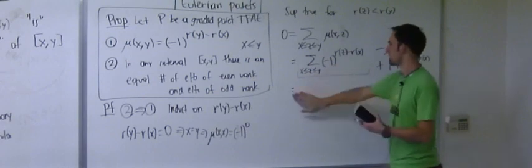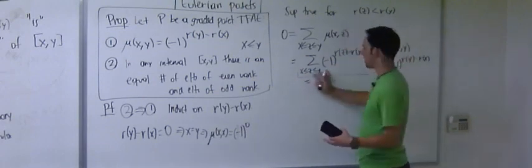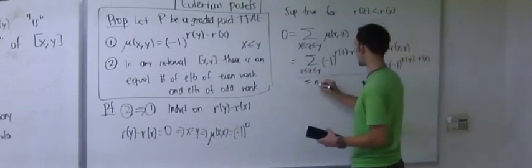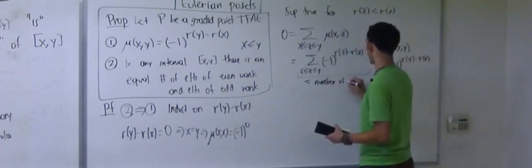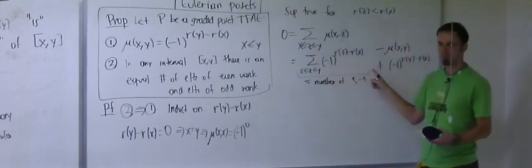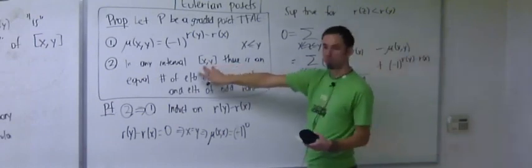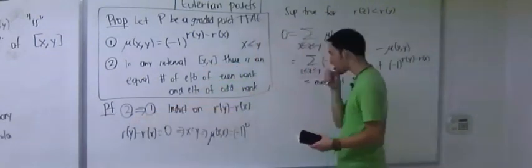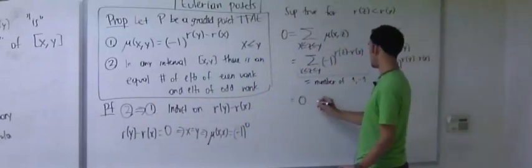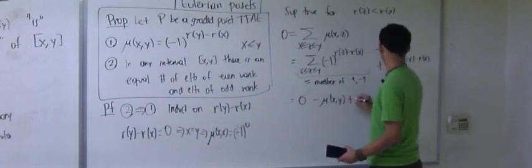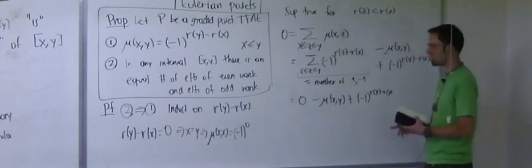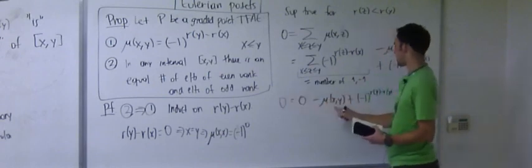So because here there's an equal number of even and odd elements, that means that I have an equal number of 1s and negative 1s. And that means that this sum is 0. Here, I'm using that my interval xy has this property, which is what I'm assuming. That means that this is 0 minus mu of xy plus minus 1 to the rank of y minus rank of x. And that does it. It does it because that proves that mu of xy is what I want it to be.